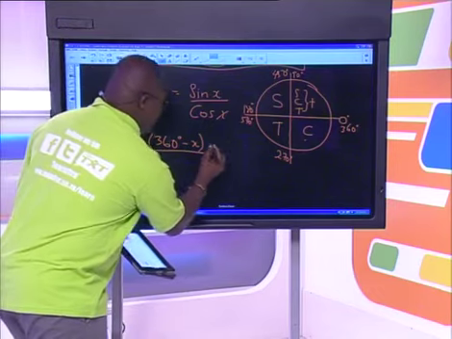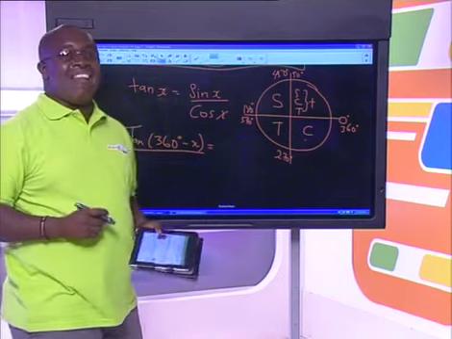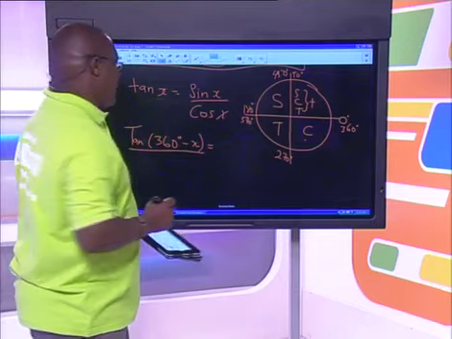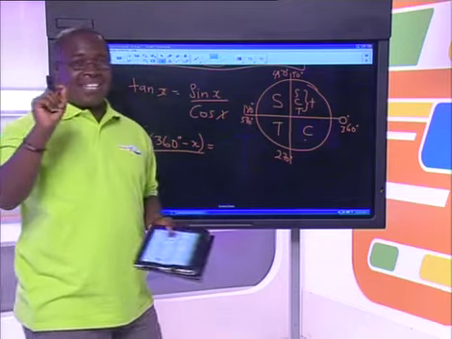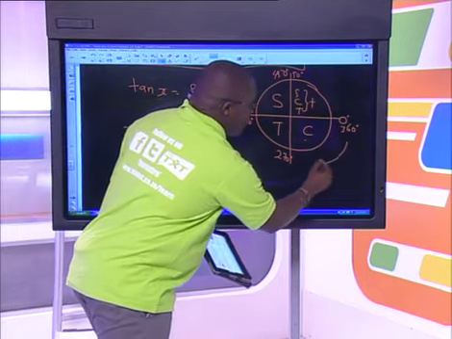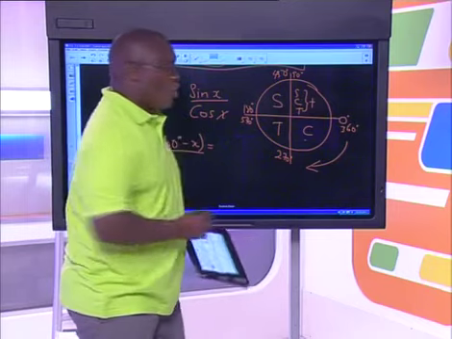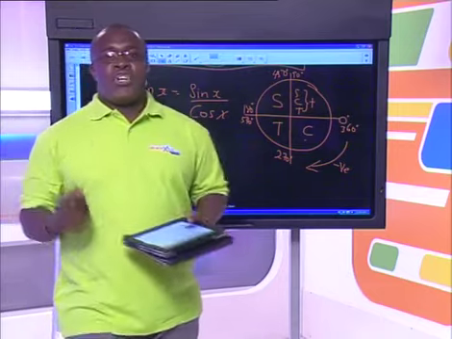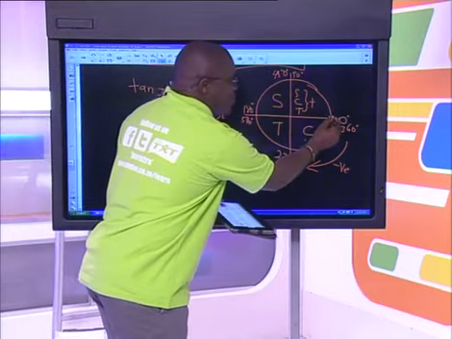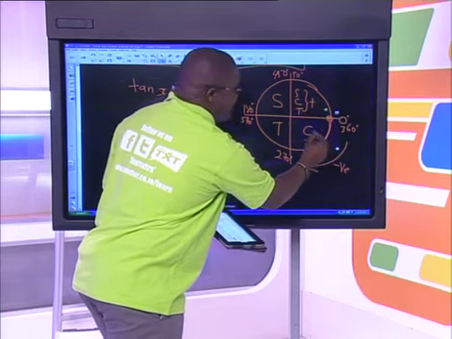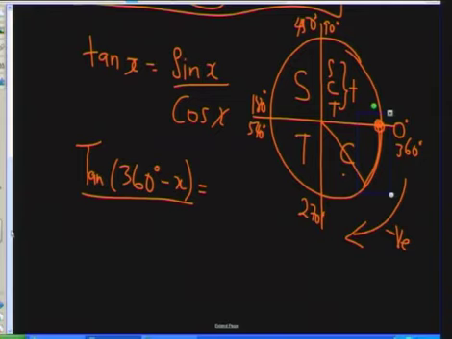So already we know that we can express tan(360 minus x) as negative. Another way of looking at it is that when you move in the clockwise direction, your angles are negative. You understand? My starting point is here at 0, and if I move x degrees clockwise, I am going to end up in the fourth quadrant.